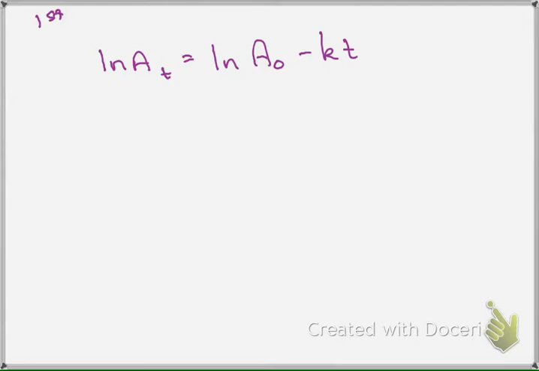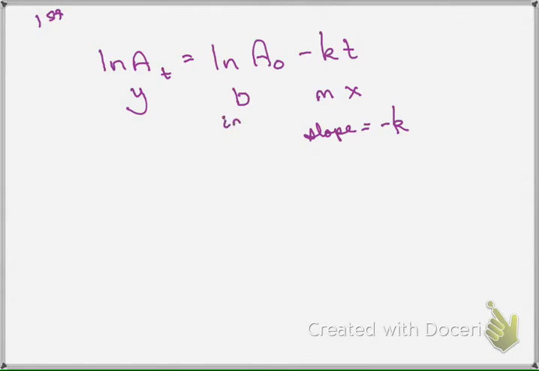Y is this. B is this. And this is mx. So your slope is equal to minus K.